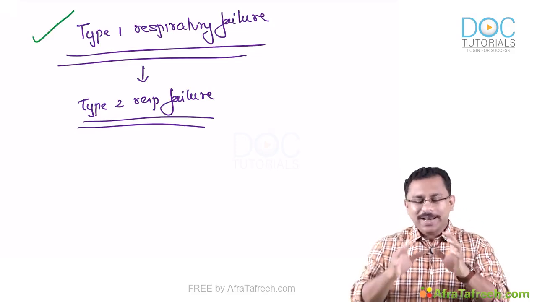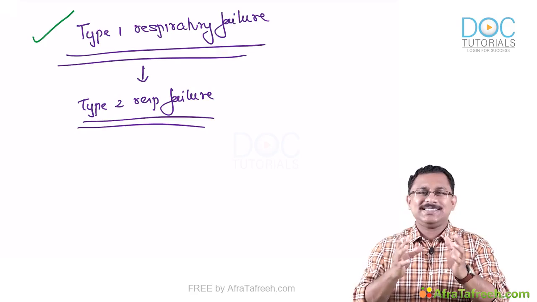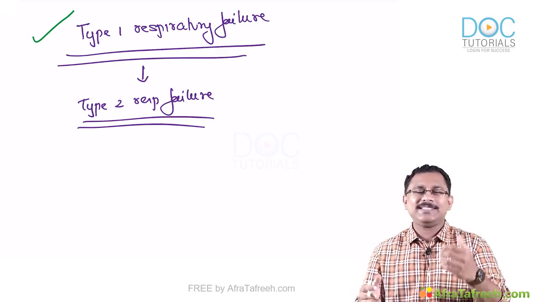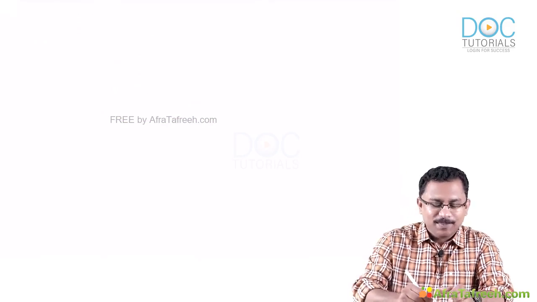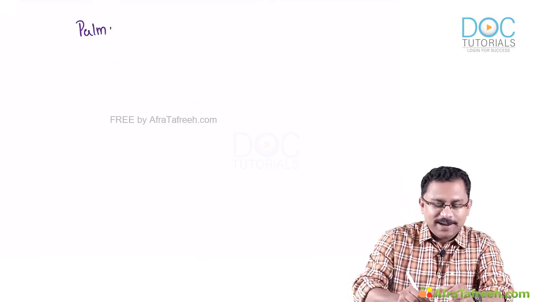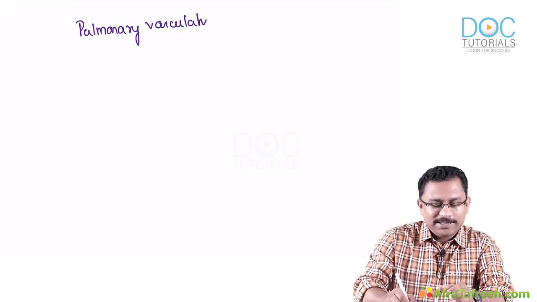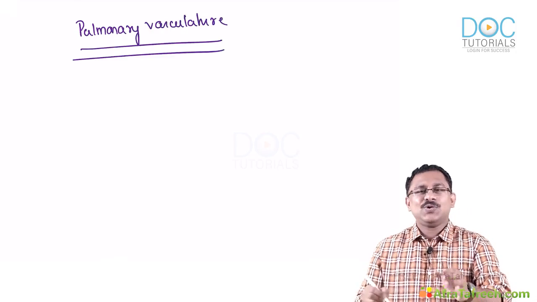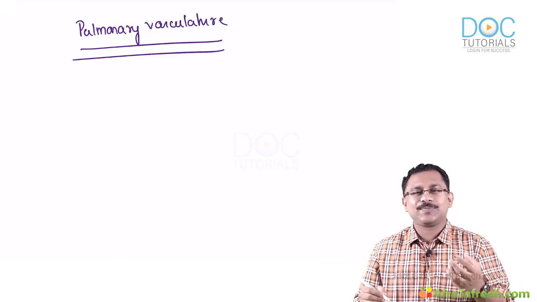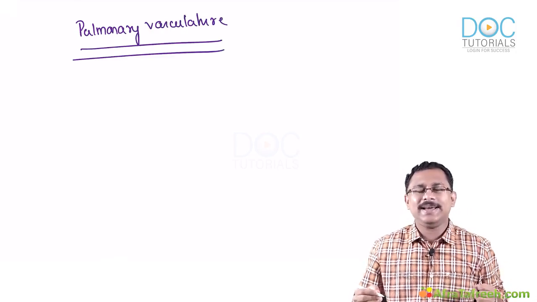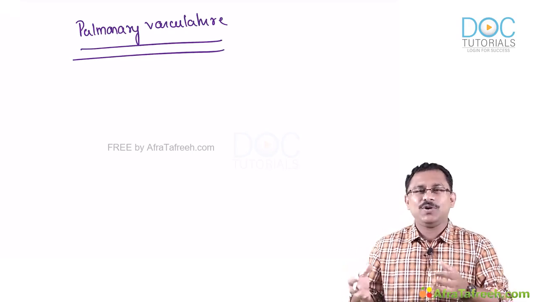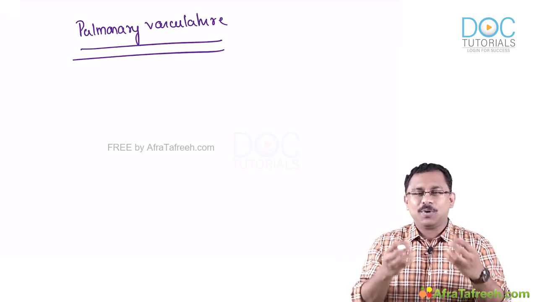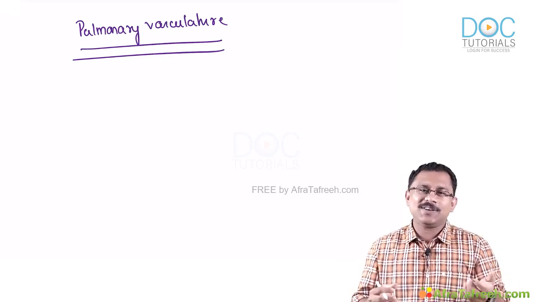Okay. Now, along with changes in the oxygen tension, your decreased PaO2, decreased PaCO2, you can have changes happening in your pulmonary vasculature as well. So, what is the vasculature change? See, you've got a hypoxia here, and I've discussed in the previous modules also, when you have a hypoxia, what is the response of the pulmonary vessels?